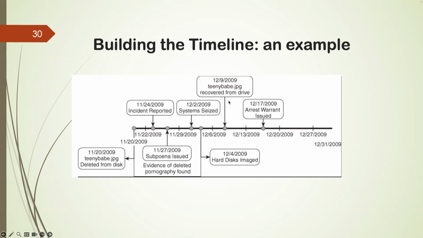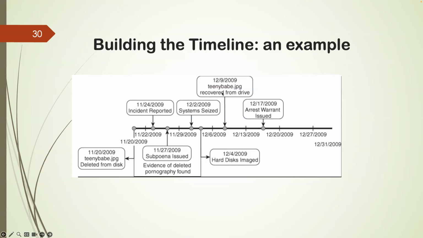Then the next event is the actual recovery. After acquiring the data, you performed some examination, did some disk forensics and recovered the deleted files that the suspect deleted in the very first event.